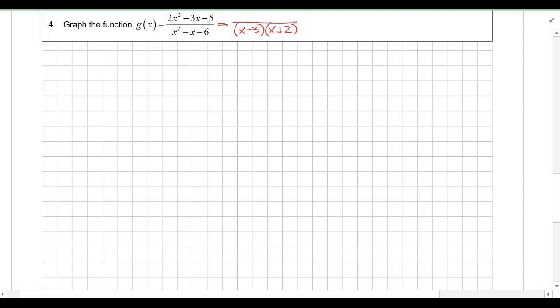Numerator is a little more challenging. I'm going to go ahead and show you one example like this because I know some of you are going to be like, how in the world did he get that, if I just write the answer there? So we're going to go 2x squared minus 3x minus 5, and I'm going to use the diamond factoring method, something that I've talked about before.